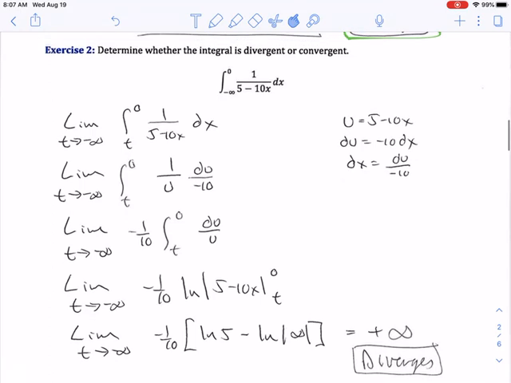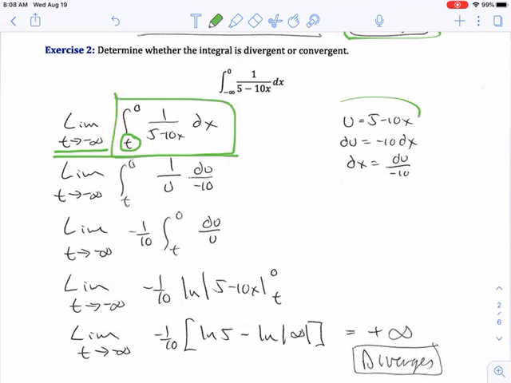So the lower bound here is negative infinity. So what I'm going to do is set up the integral. I replace the negative infinity with t, and I take the limit as t approaches negative infinity. All right, so just forget about the limit part. Let's evaluate this integral.